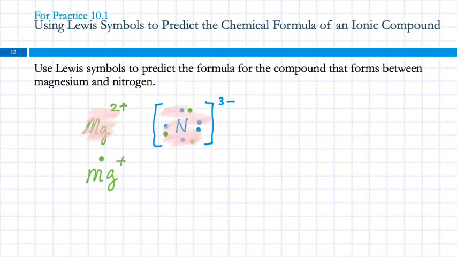Magnesium needs to find somebody to take this other electron. Well, if there's 1 nitrogen, there's 50 gazillion other nitrogens, so let's draw one of the other nitrogens. Also has 5 valence electrons. So the magnesium can offload this electron to this nitrogen atom.